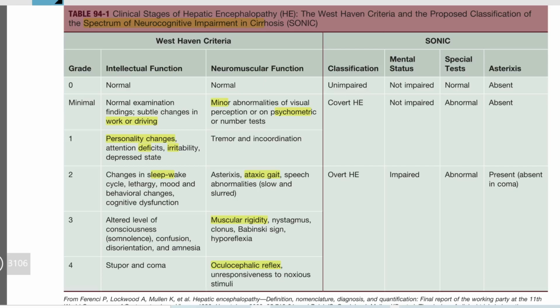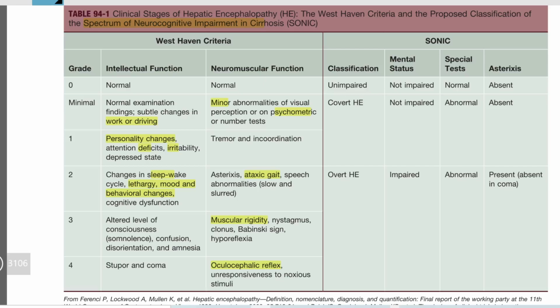In grade 2, there will be changes in the sleep-wake cycle, lethargy, and mood and behavioral changes; cognitive dysfunction might be seen. In neuromuscular function, there might be asterixis, ataxic gait, and also speech abnormalities, with slow or slurred speech.